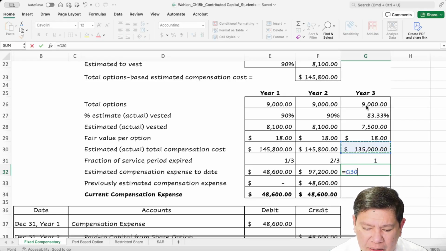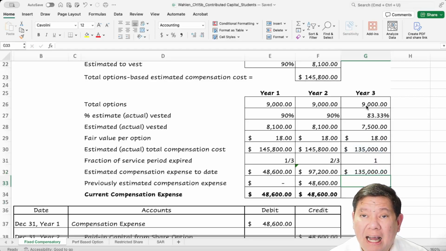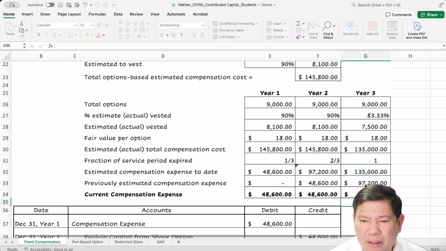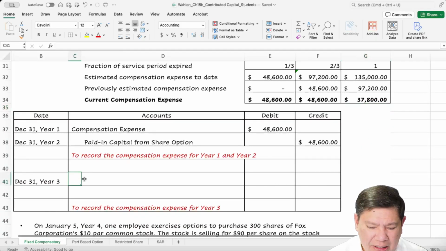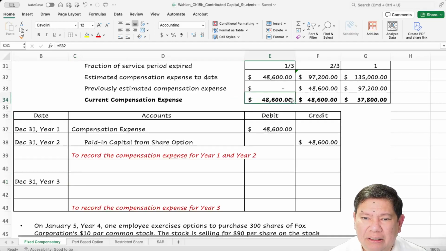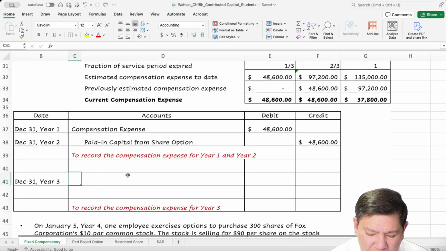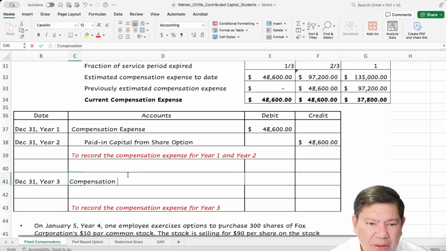That means we are going to recognize in total $135,000. But 97,200 have been recognized in year 1 and year 2, so we have to deduct that. So in year 3 alone, it will be $37,800. So the total of these three is going to be $135,000.